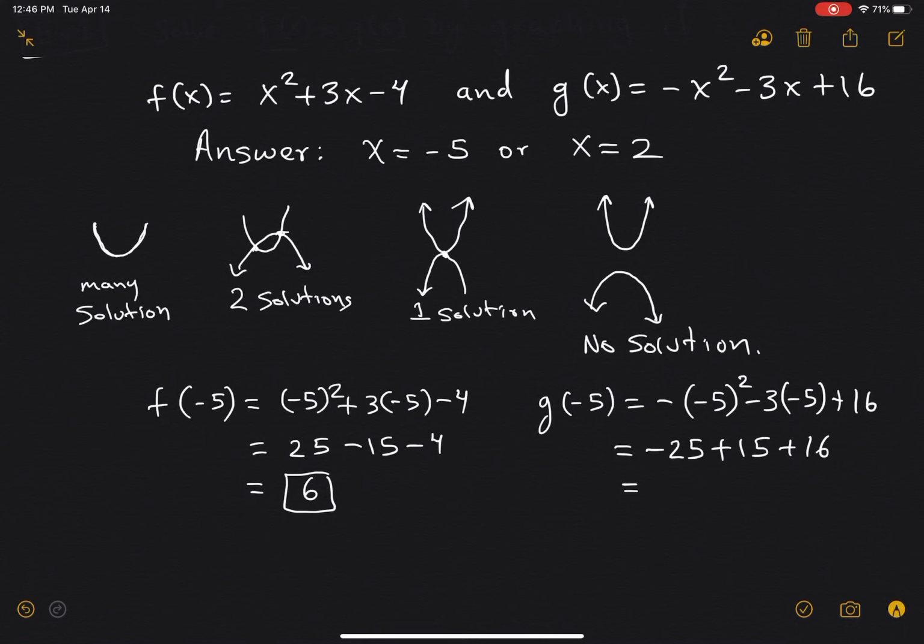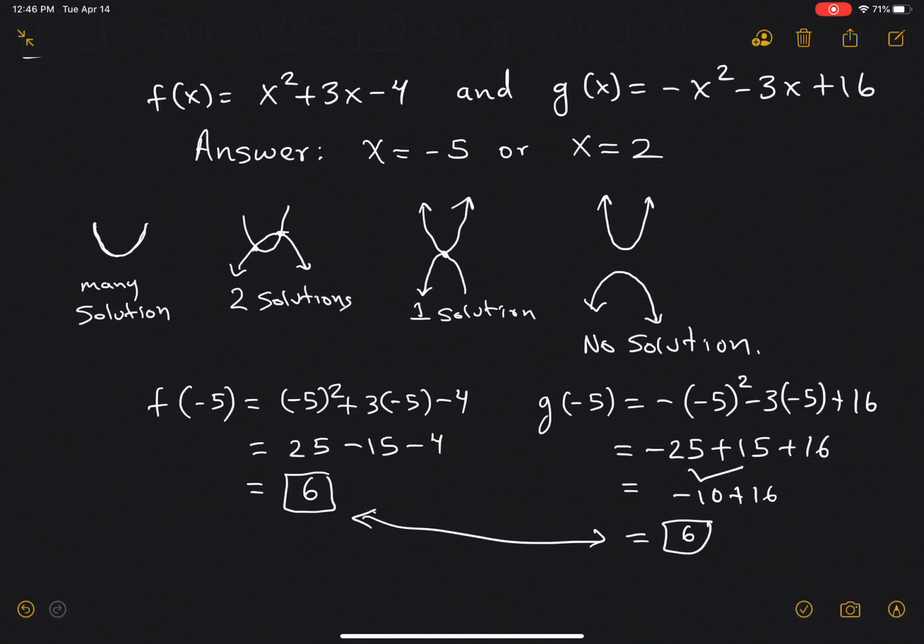Well, -25 and 15 makes -10, and -10 plus 16 happens to be exactly 6. So that shows us that at least the first solution is correct. We could do the same thing to check x equals 2, but that's just checking algebraically.